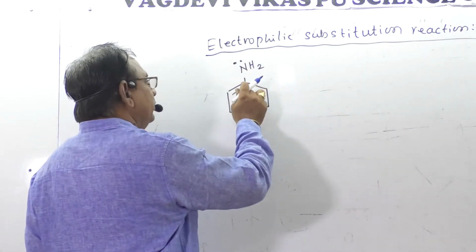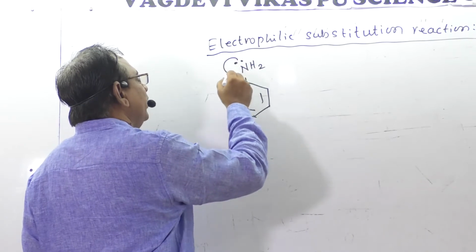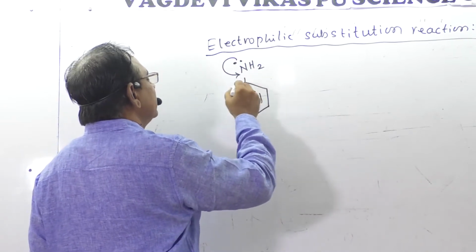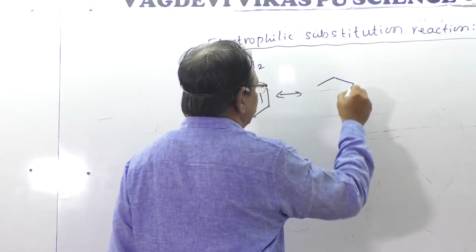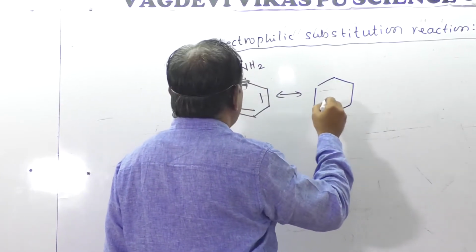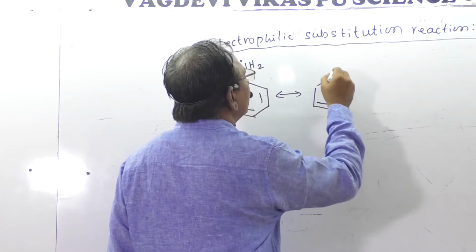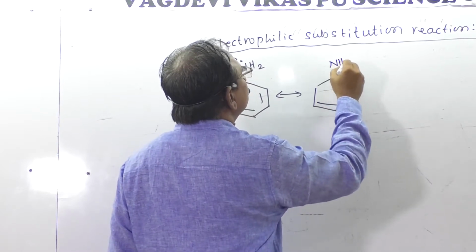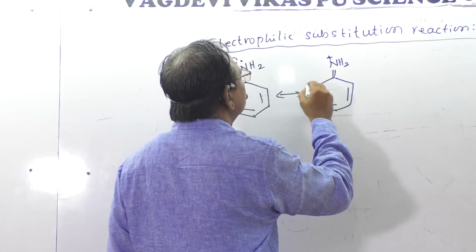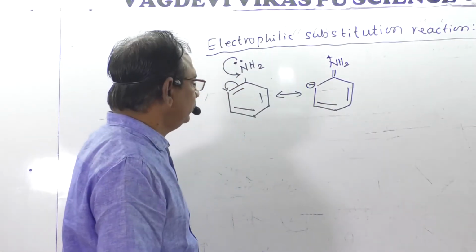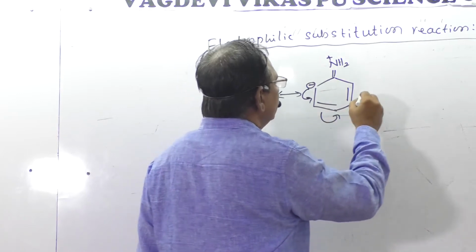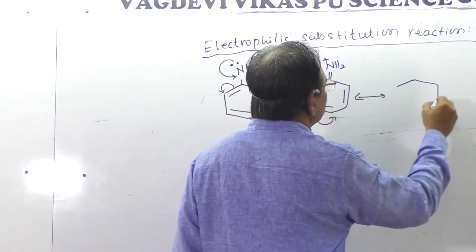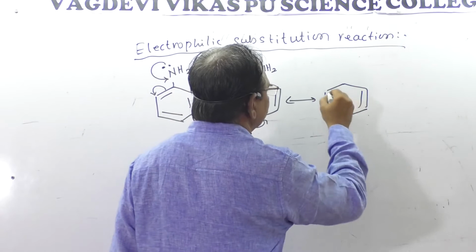So the lone pair on the nitrogen atom of the amine group is delocalized towards the benzene ring. These are resonance stabilized structures. Then this lone pair shifted throughout the benzene ring.